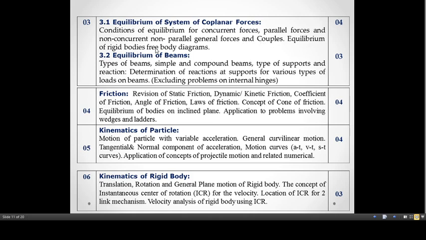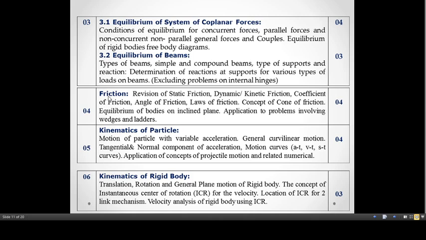Equilibrium of rigid bodies, free body diagrams. Under the next point, we'll cover types of beams, simple and compound beams, types of supports and reactions, determination of reactions and supports for various types of loads on beams, excluding problems on internal hinge.